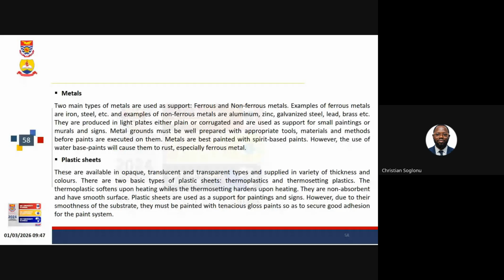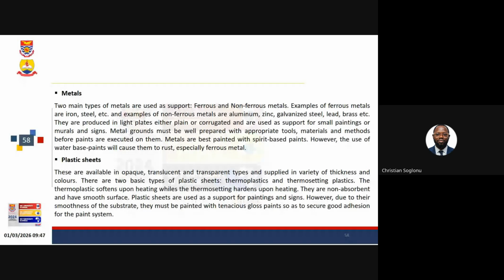Then we have plastic sheets as a support. These are available in opaque, transparent, and translucent types, and supplied in a variety of thicknesses and colors. There are two basic types of plastic sheets: thermoplastic and thermosetting plastics. The thermoplastic softens upon heat, while the thermosetting hardens upon heat.